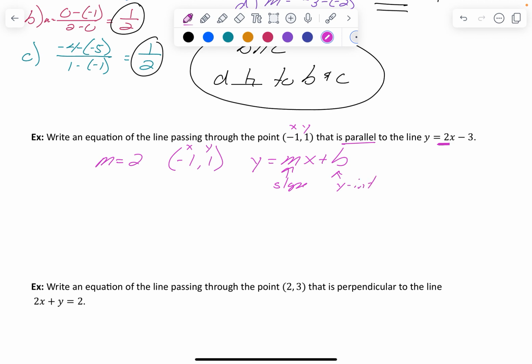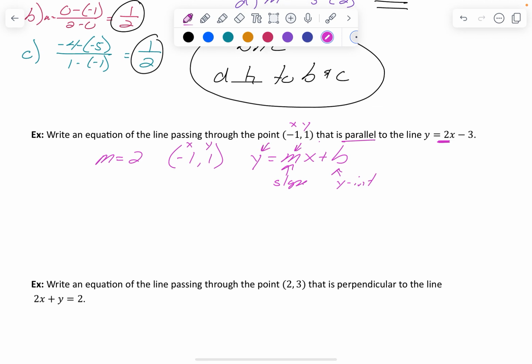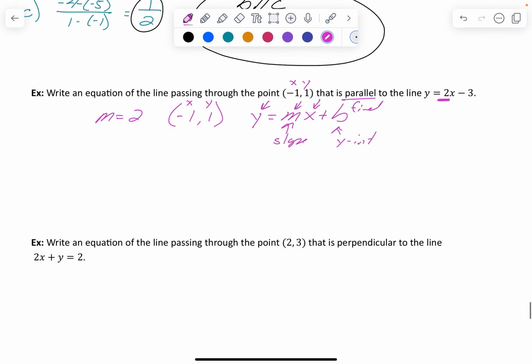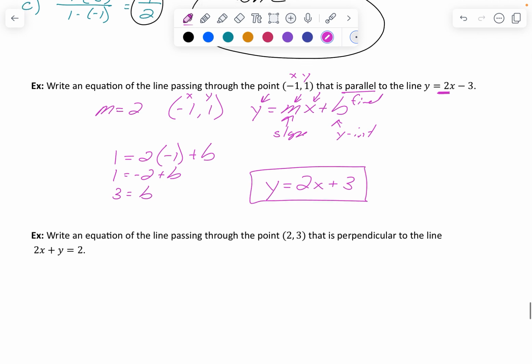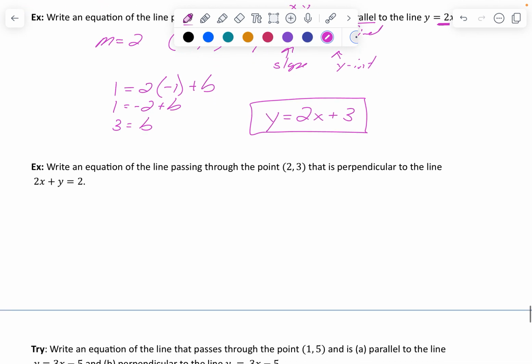Now we have this, this, and this, so we can find that. So plugging in what we know, y is 1, slope is 2, x is -1, we're going to look for b. So 1 equals -2 plus b, looks like b equals 3. So my final equation in terms of x and y is slope is 2, y-intercept is 3.